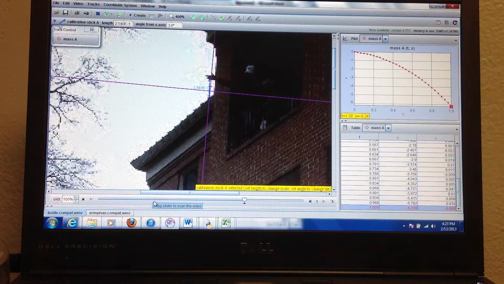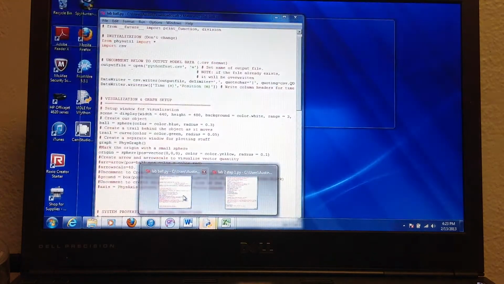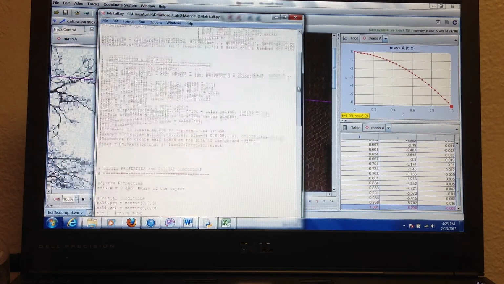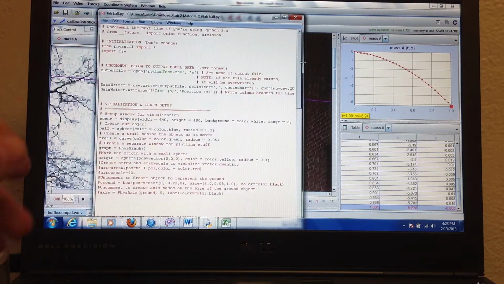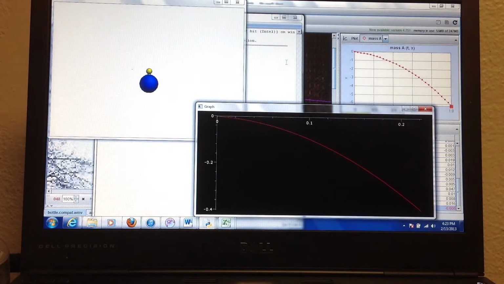I think I measured this one in 30 frames. That's correct, 30 frames. And then here is the code and the Python model for it, and we will run the Python, and as you see we have the same thing.